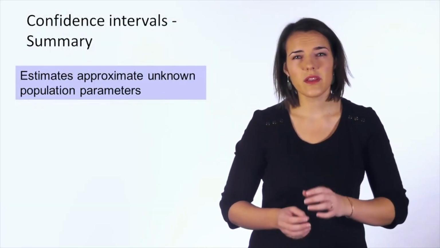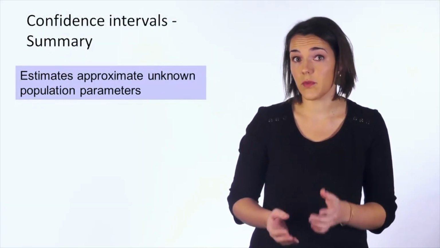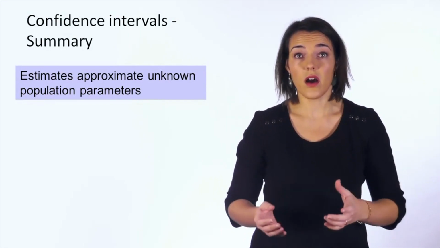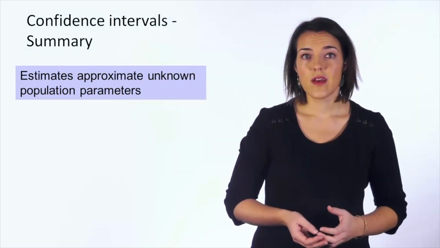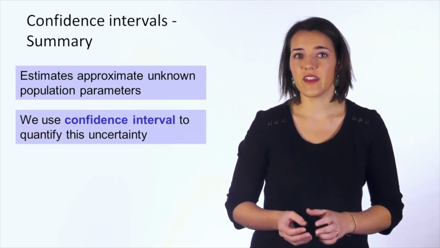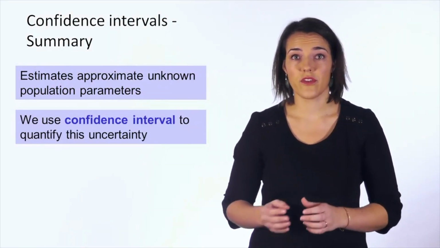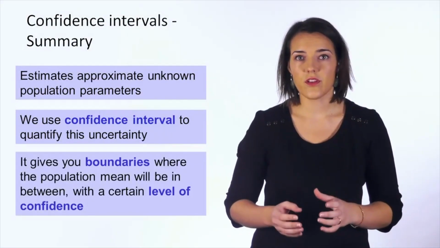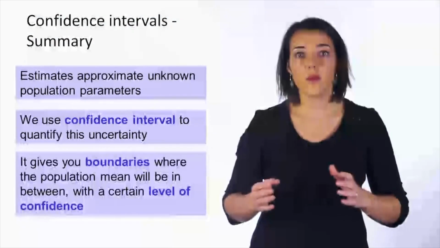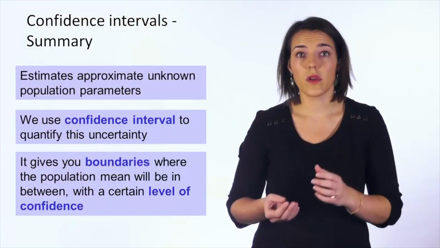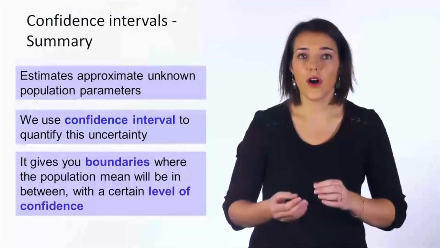These estimates will never be exactly equal to the population parameter because it is based on a sample. Therefore, to quantify the uncertainty around the estimate, we calculate confidence intervals. A confidence interval gives you boundaries in which the population parameter will lie with a certain level of confidence.